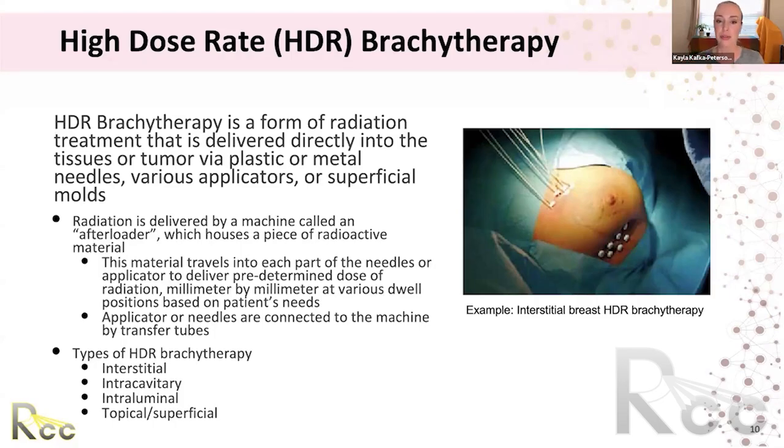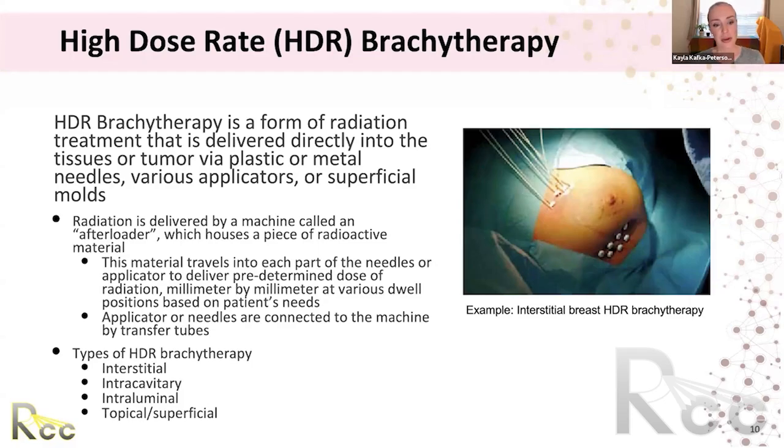There are different types of sources. We use iridium-192, and it will travel along and dwell at various points in each catheter or needle or part of the applicator to deliver how much radiation is needed, millimeter by millimeter. It's pretty amazing, and it's completely customized to the patient.